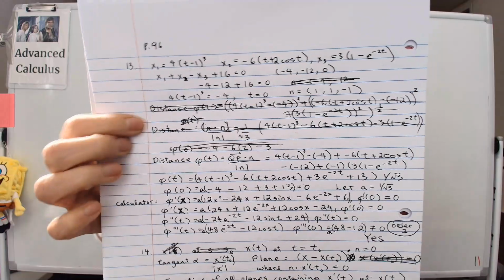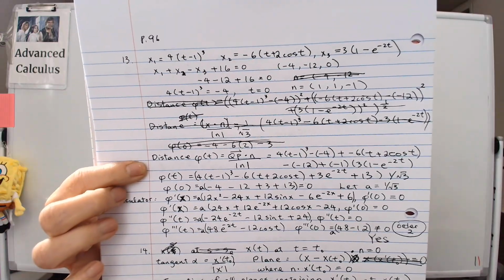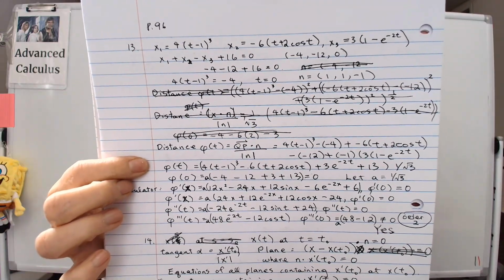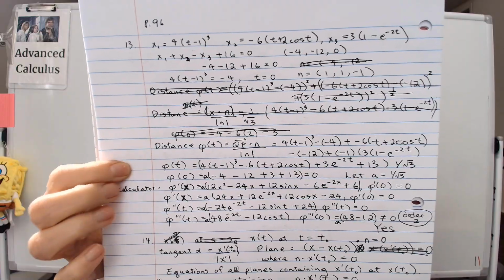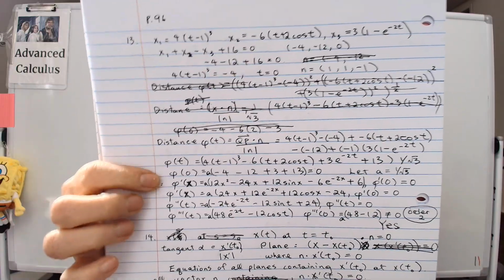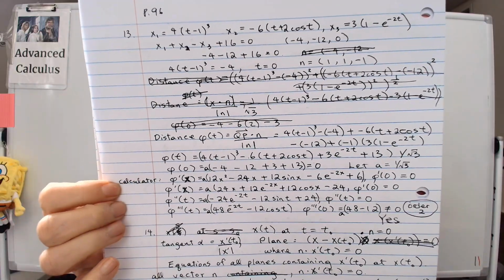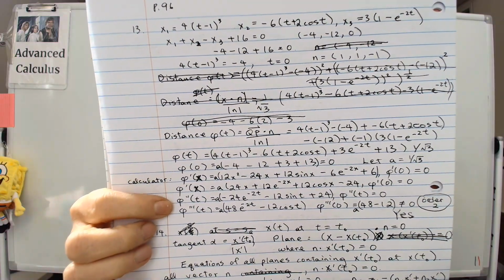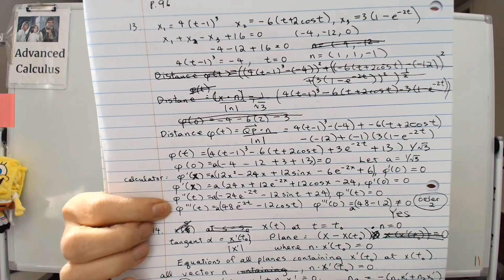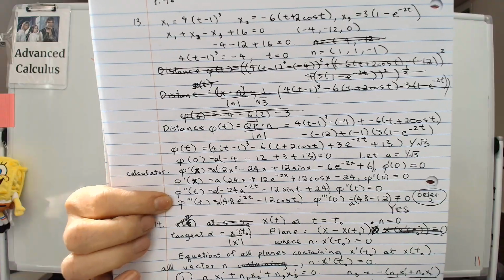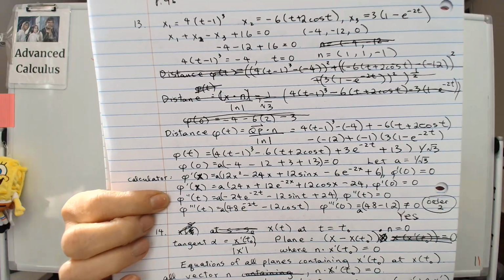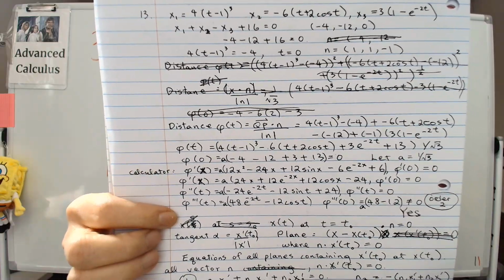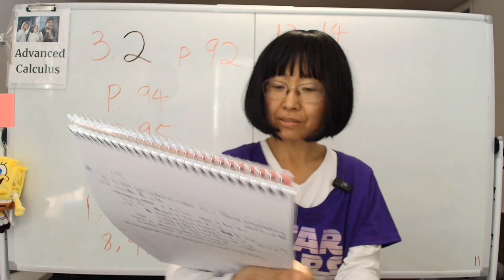After following the formula and getting a bunch of calculations out, we write down the formula for phi, the distance formula, and then I decided to use a calculator to calculate all the derivatives, and by the time I got to the third derivative, it was no longer 0, but at least it made it to order 2, therefore it is an osculating plane, and that's problem 13.